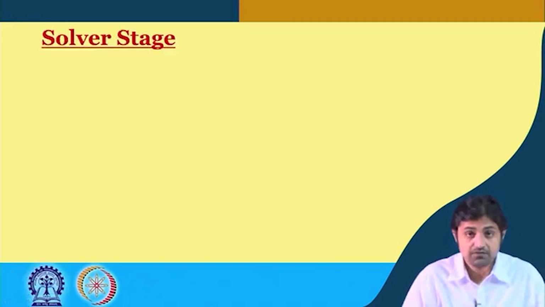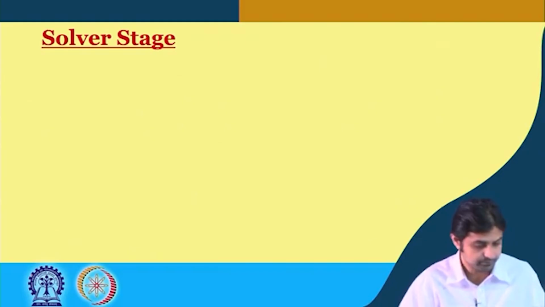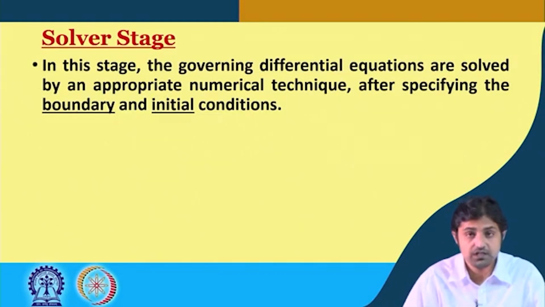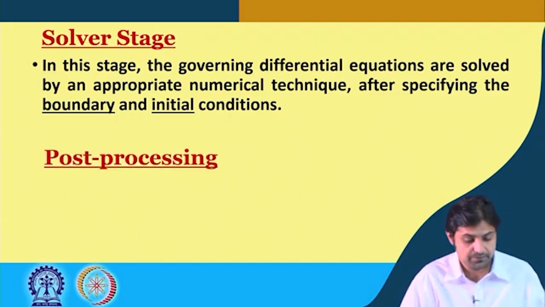So now after this grid generation, we come to the solver stage. In this stage, the governing differential equations are solved by an approximate numerical technique after specifying the boundary and the initial conditions. All right. So the actual solution of those differential equations is done at this stage, called the solver stage.